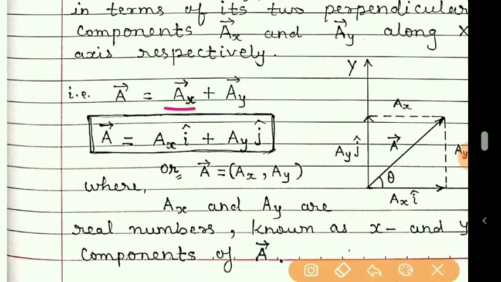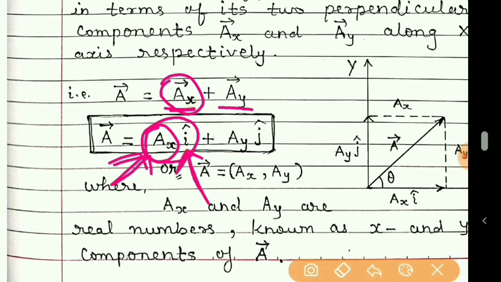Here these are in vector form, but we can write that vector in terms of its magnitude and direction. So here vector Ax, its magnitude is Ax and its direction is i cap. Similarly vector Ay, its magnitude is Ay and its direction is j cap.